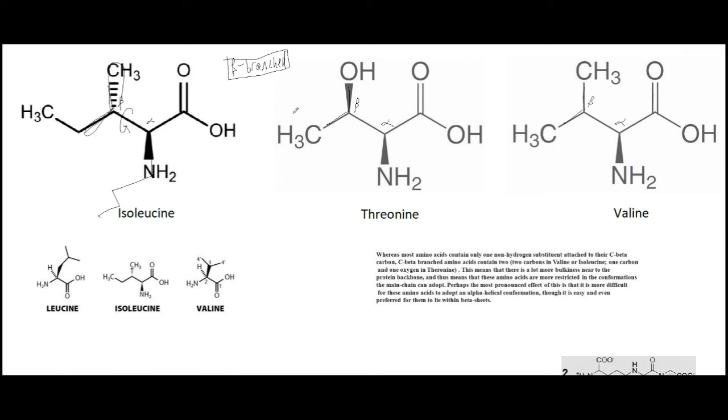And so this down here just kind of explains that what ends up happening is because of this. And we'll talk about these secondary structures more in the next video.